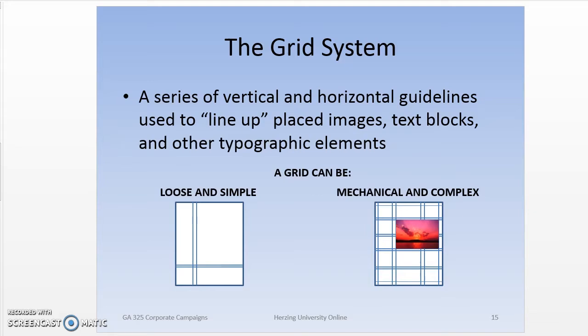However, if there is a lot more content, let's say it's a catalog, then you can have a more complex grid because you're going to have a lot more elements to align, and that gives you a little less free-flowing. You're more constricted in that sense because all of those items have to fit on a page in a visually organized way.